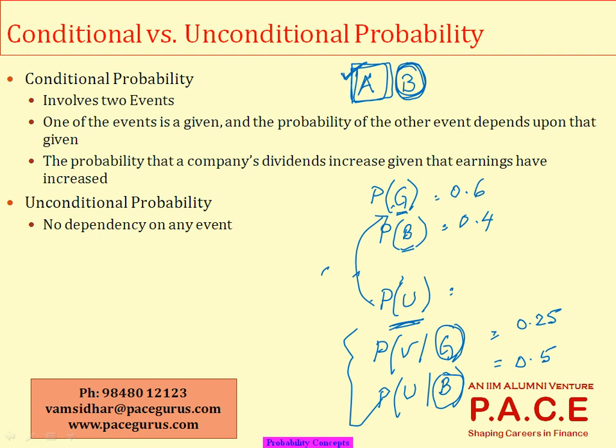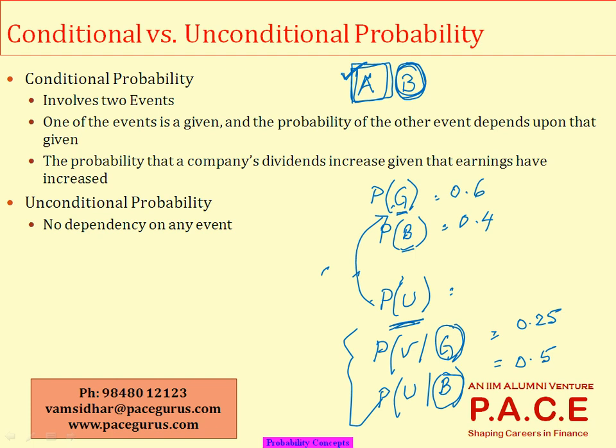I am not looking at the probability of unemployment in isolation, but in dependence with the economy. Such kind of probability is what we are calling conditional probability, especially if there is a dependency between the two events. Then the chance of one event occurring as a result of the other event already having occurred. Assuming that the economy is good, what is the chance of unemployment? That is what we call conditional probability.